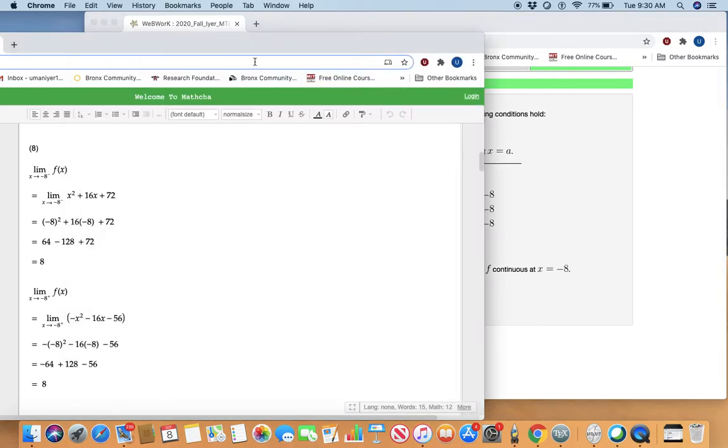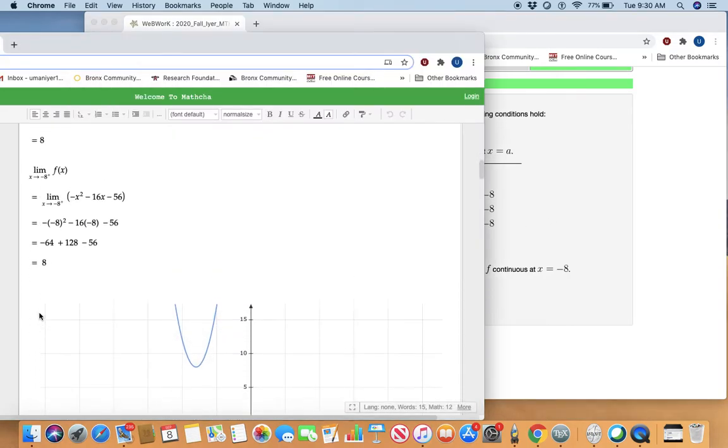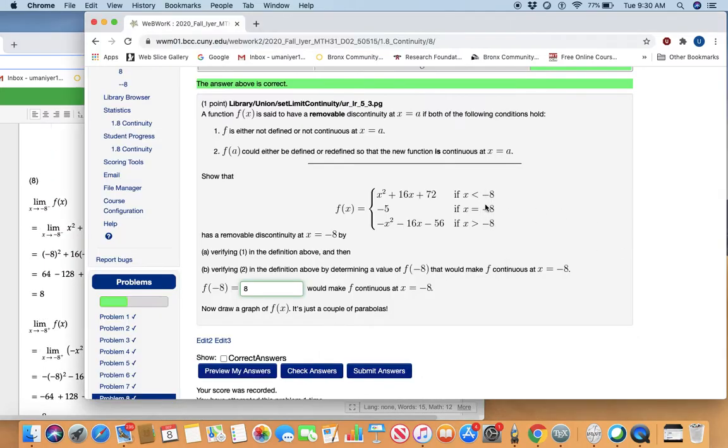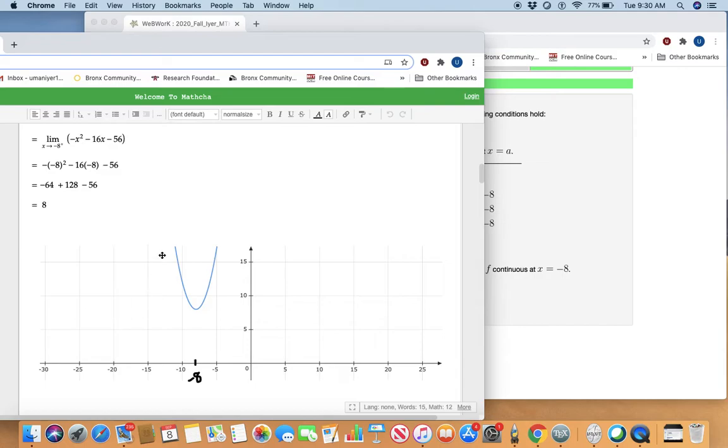Now, let's draw a picture of this. Draw a graph of f(x) just to figure out what's going on. So, on the left is a parabola. Okay. You know how to graph parabolas. So, I'm not going to go over that. I hope you will know.